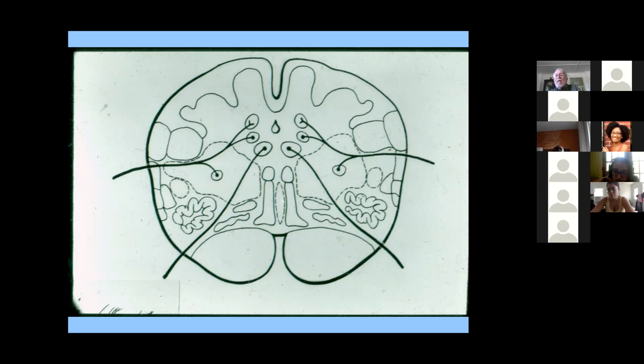So a serotonin cell can't be a dopamine cell, can't be a norepinephrine cell, can't be an acetylcholine cell. It's only a serotonin cell.